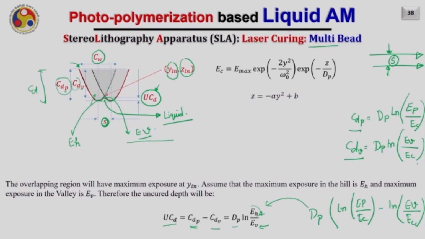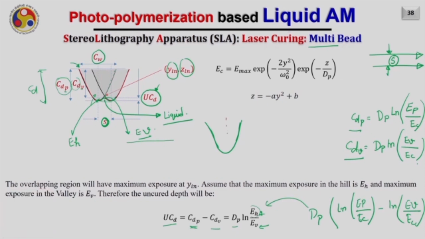Now our aim is to find out the energy available in the hills and energy available in the valley. Please note that this energy in the hill now may not be the same as what we were calculating earlier. This is because, for example, in one pass, this is the energy you are getting. You are exposing this much energy. Now you are overlapping with another bead, right?